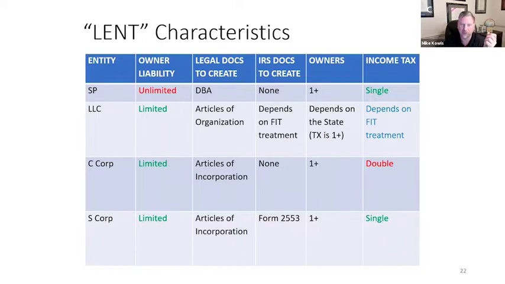Now, one thing you'll notice is that the first business entity that we're about to go through in a little more detail, a sole proprietorship, has unlimited liability. And I put that in red here. Red because it's bad. Unlimited liability is not a good thing.